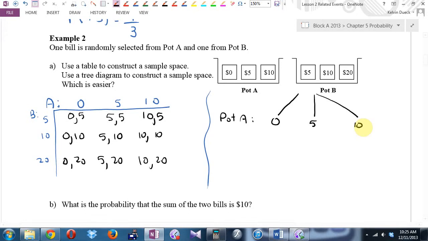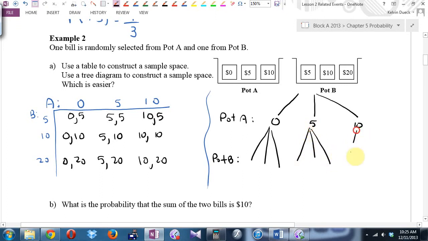And then you could have another row for pot B, and pot B has 3 possibilities from each: 5, 10, 20, 5, 10, 20, 5, 10, 20. How many branches are there in the bottom row? 9. How many outcomes are there? 9.